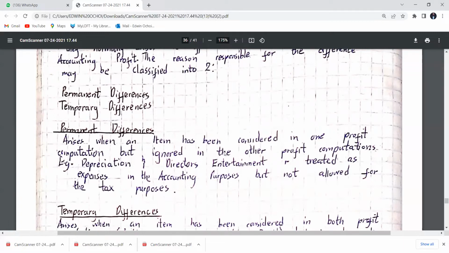So when we say that an item has been considered in one profit computation, I mean that an item has been considered in, for example, taxable profit computation and ignored in the accounting profit computation.